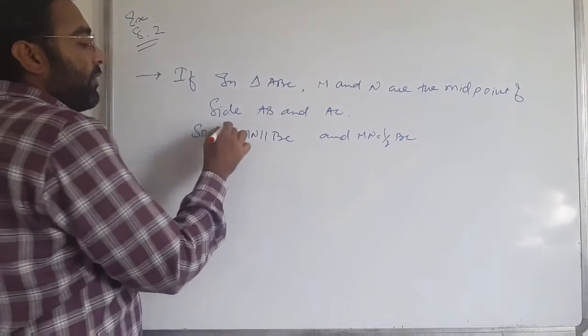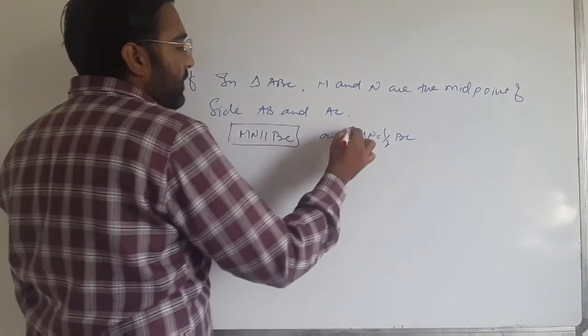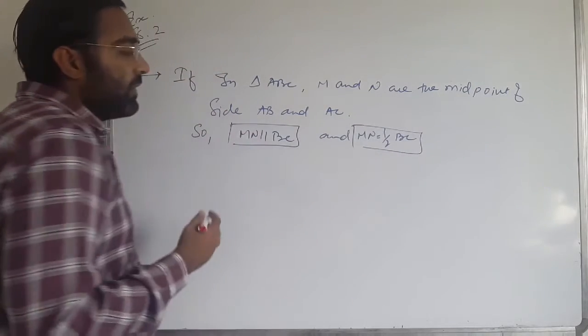Okay, so we also say that MN is parallel to BC and MN is half of BC.